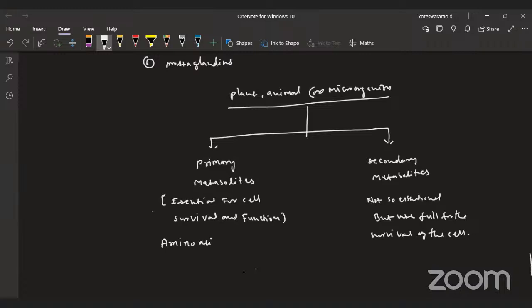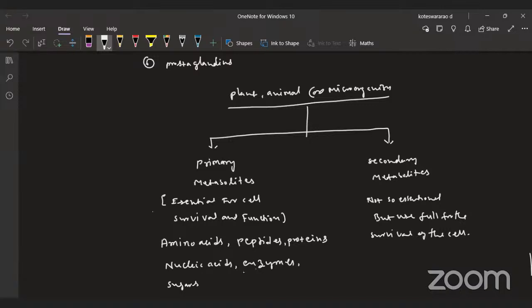Amino acids form peptides, proteins, nucleic acids, enzymes, and sugars like glucose, fructose, sugar.